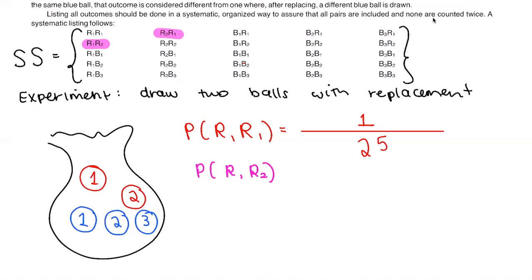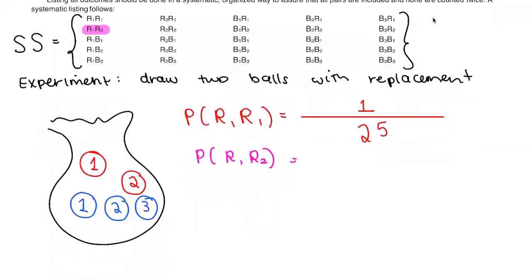Because we've labeled everything so precisely, and I'm picking up a ball, looking at it, recording it, and putting back down into the bag what I got, I can only get in order R1, R1. So even though the second highlight has R1, R2, it doesn't count in our list. So we're not going to highlight that one.